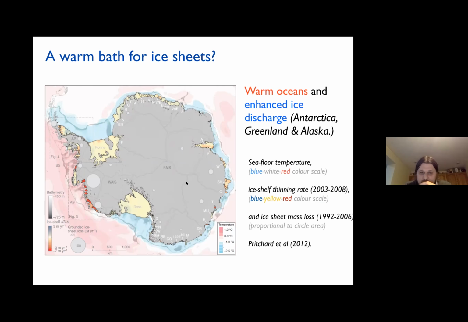These are drainage basins where the ice flows out into a particular region. And the area of this gray circle is basically proportional to the mass discharge out of this particular drainage basin. So you see also the fastest discharge of the grounded ice is located in regions where you've got substantial thinning at the margin of the ice sheet. So this could be via direct melting.